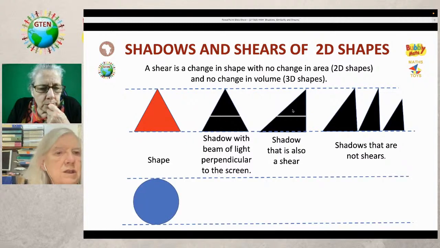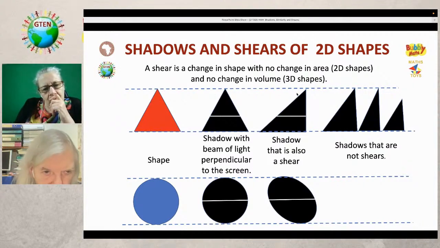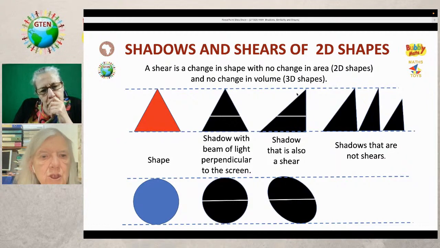So assume we look at a disc. Here there's a shadow and a shear of the disc. The shadow is exactly the same size, and I put a white line across it because we want to talk about the length of the white line.